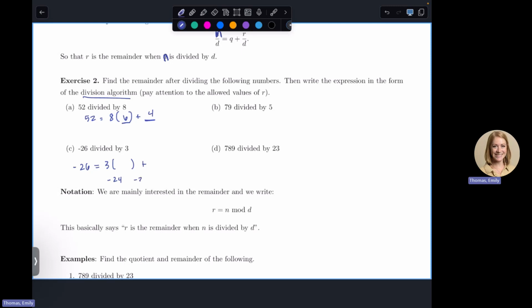Then you've got to subtract 2. What has to happen to that remainder? What's that remainder's restriction? Yeah, right. It's between 0 and your divisor. So this R value that we're going to use needs to be between 0 and 3. It could be 0. It's not, but it could be. So instead of negative 8, go to negative 9 so that then you can add stuff.